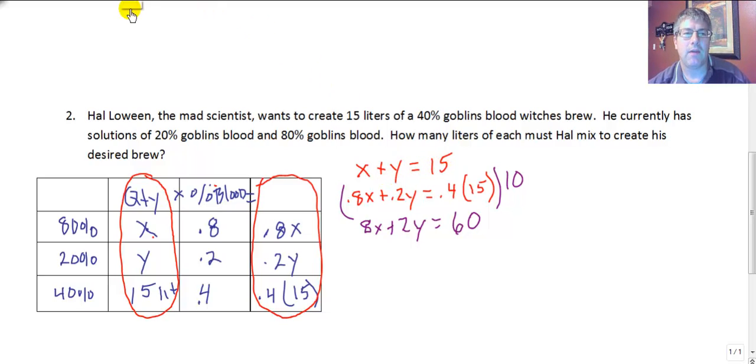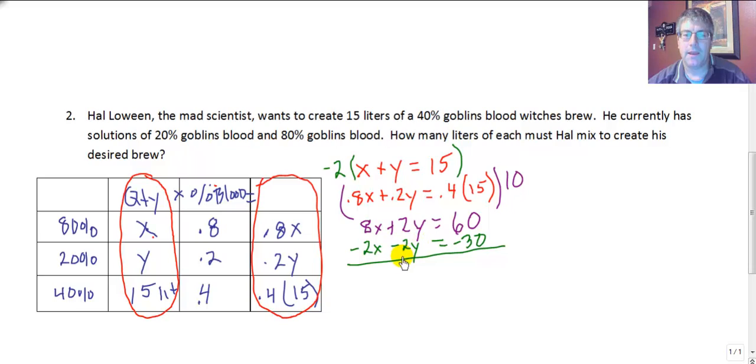I rarely do that when I've got things in standard form. I'm just going to go ahead and multiply the top equation, my quantity equation, by negative 2, which would be really easy. So I get negative 2x minus 2y equals negative 30.